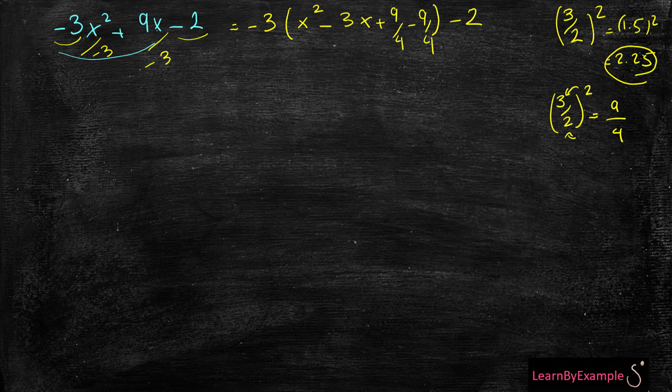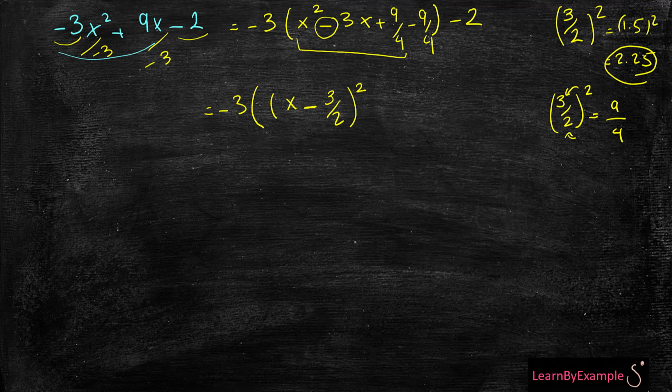There you go. So now that I have it, I'm going to use the first three terms to write it as a perfect square. So I'm just going to write -3 outside of the bracket. And what I will have here, I will have x and 3/2, which is the square root of the first part. Now in the middle, I will have a minus sign because I have a minus sign here.